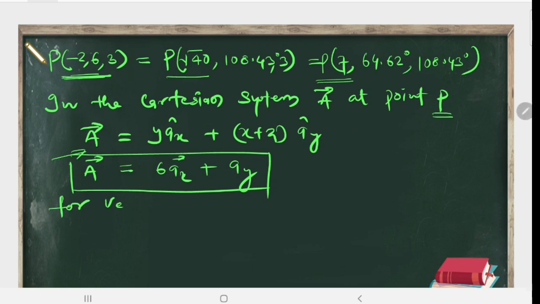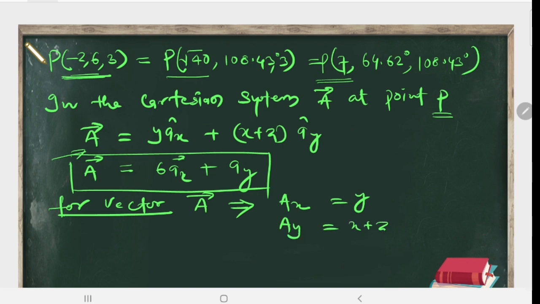If you consider vector A and its components, the x component of this vector is y, the y component of this vector is x plus z, and the z component of this vector is 0. So we have to transform this vector into the cylindrical coordinate system as well as the spherical coordinate system.